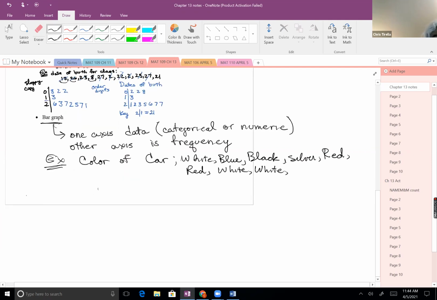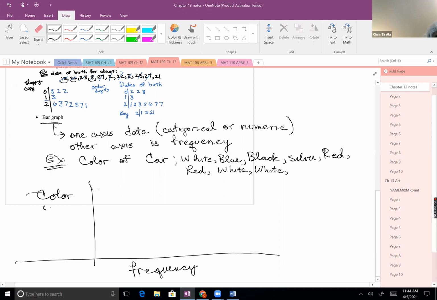And so for my bar graph, I might put my colors over here and my frequency over here. And my colors are white, blue, black, silver, and red.